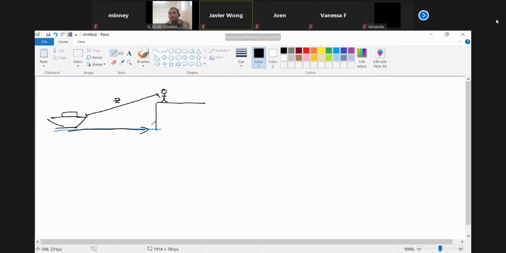If I label that as X, then we have a change in the Z and also a change in the X.